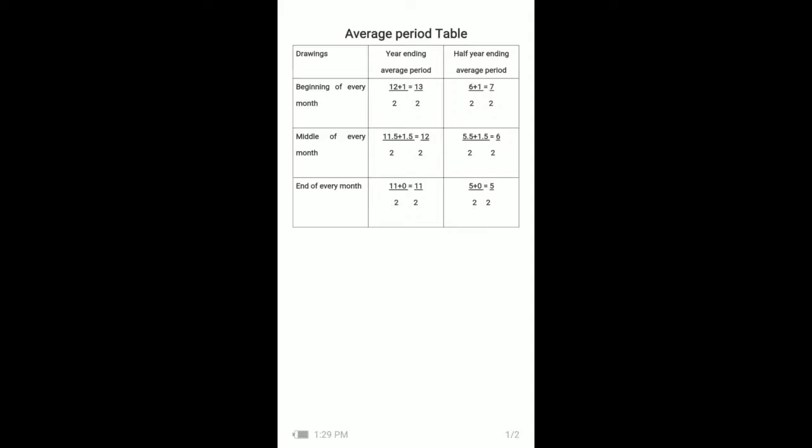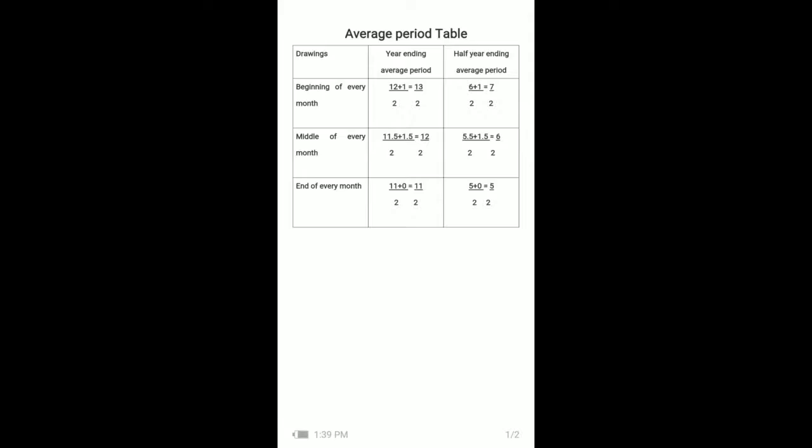Students, the average period method is very simple, but without understanding this table and remembering the average period, it is very difficult to go for the calculation. Very simple calculations compared to the product method.